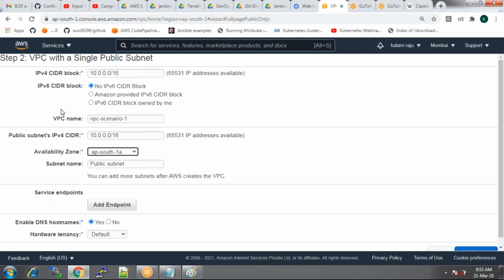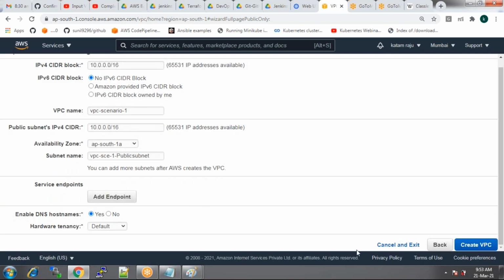I'm creating a VPC first, and my subnet availability zone is 1A. Then give a name to this. I would name it VPC scenario 1 public subnet. Okay, right. And then let's create it.